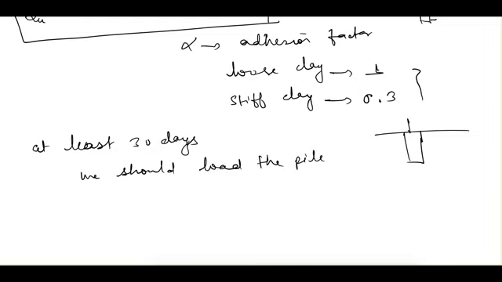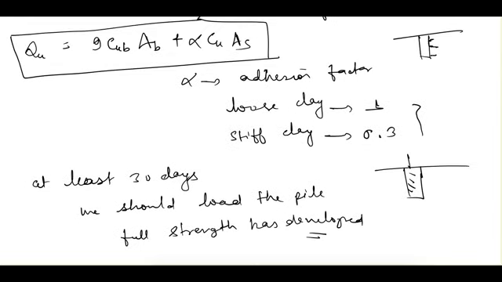So after the construction, we'll wait for at least 30 days before we load it, so the full strength has developed. So in case of clay, this formula is not very reliable. We use it just for the guidelines, and then we use the pile load test to find proper values.